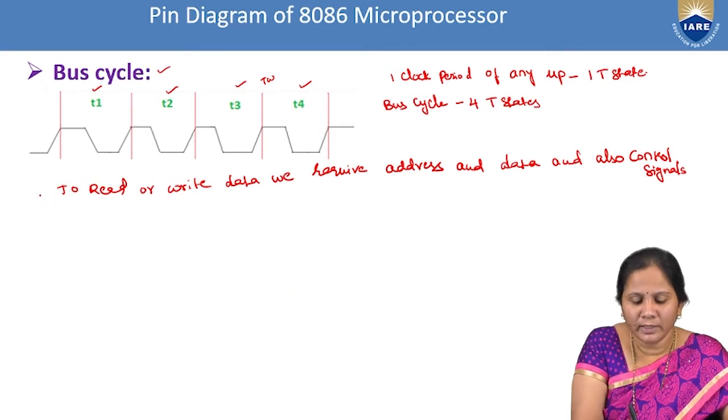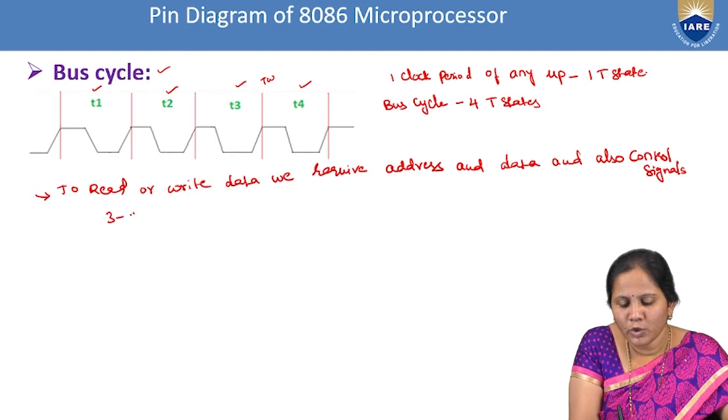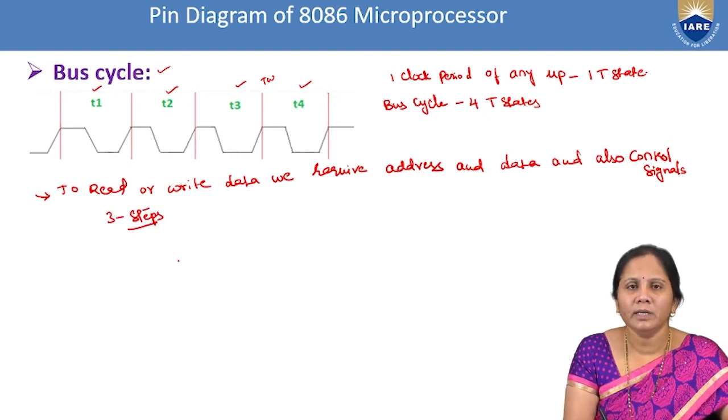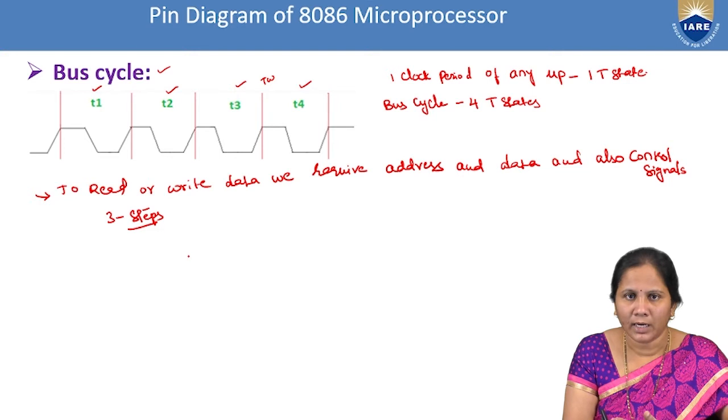Generally, in order to do this, we require 3 steps. First, it has to fetch the information by using the address bus.